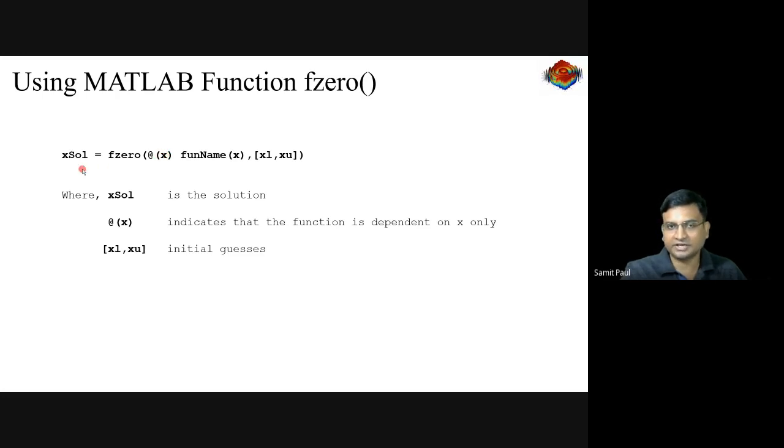So the general definition is like this. This gives one of the solutions, not both. fzero within bracket @x, then the function name or the direct function, and then within bracket the lower limit and the upper limit. Okay, this is very simple.